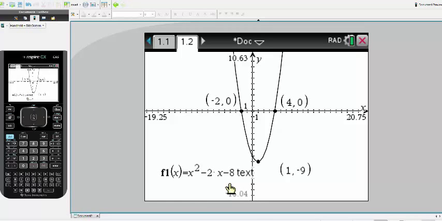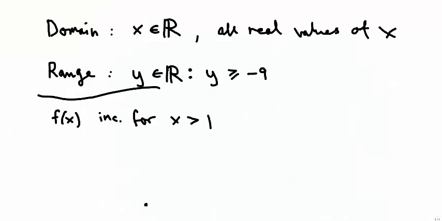Remember, it's going up when x is greater than 1. And then it's decreasing, f of x decreasing for all x values less than 1.